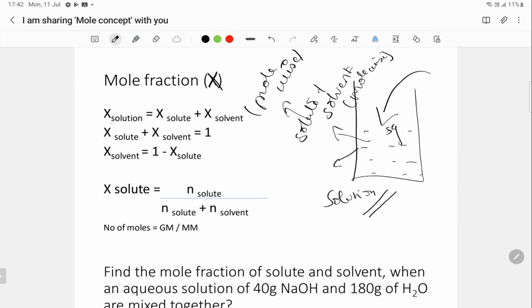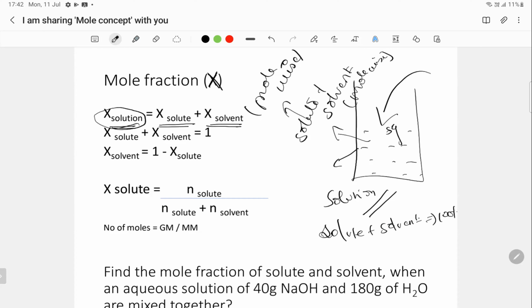So you can see the mole fraction of the solution is equal to the mole fraction of the solute plus the mole fraction of the solvent. Always remember one thing: the mole fraction of the solution is always 1. Suppose solute and solvent together are 100%.